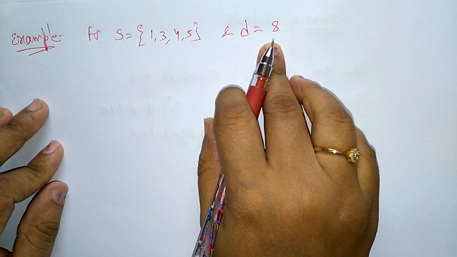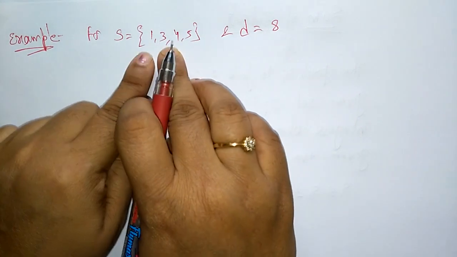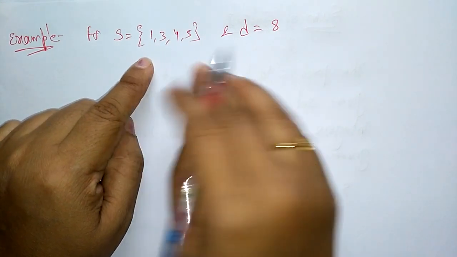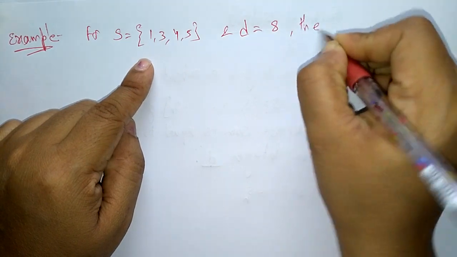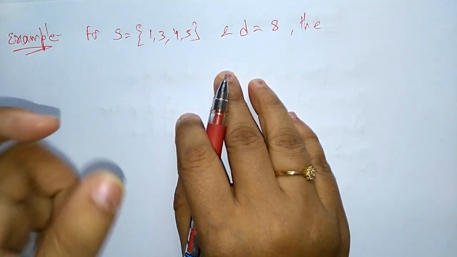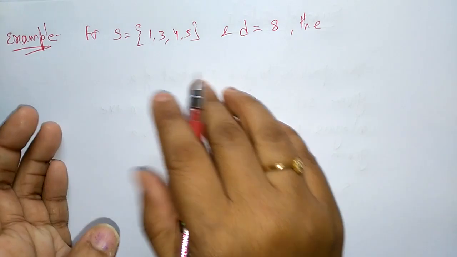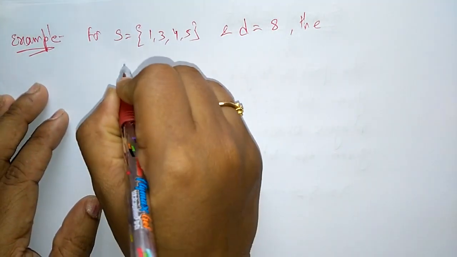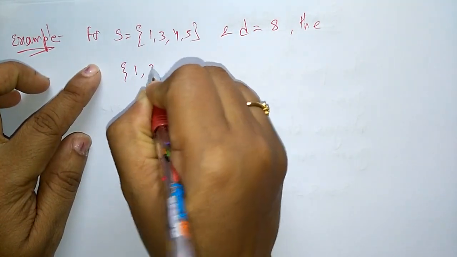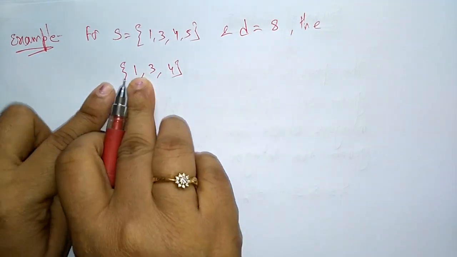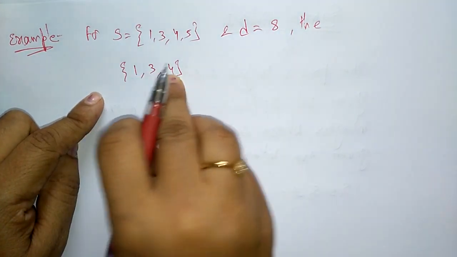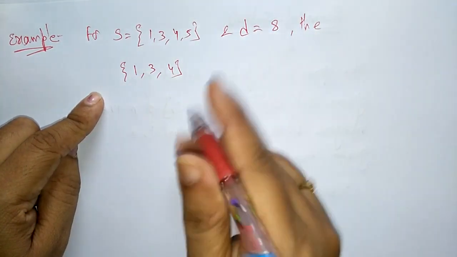The numbers should be in increasing order. Suppose I take 1, 3, 4, what is the total? 1 plus 3 is 4, 4 plus 4 is 8. Okay, I got the solution.